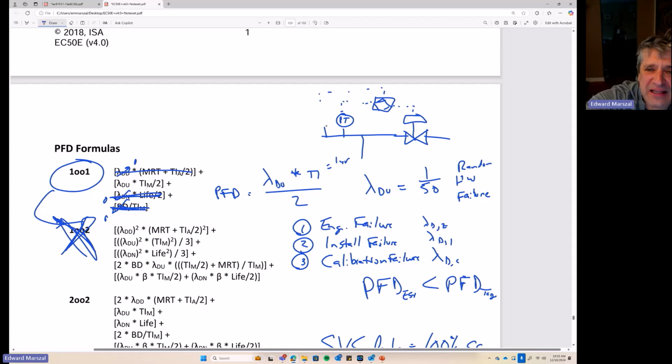So instead of putting in the second transmitter, now instead of once a year, I'm going to do a calibration. I'm going to do a test once every 3 months. Did that fix the problem? Well, if I run my calculation, it did fix the problem. But in reality, did it fix the problem of the human? No, it did not.